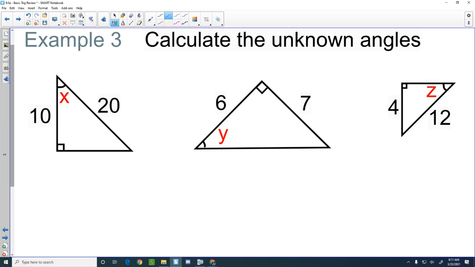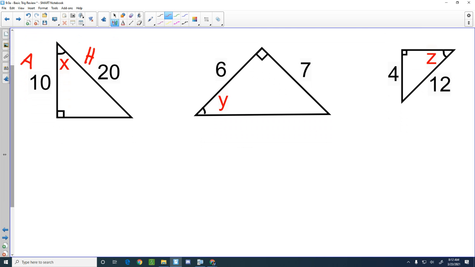Sine, cosine, or tangent? How do we know cosine? Good. So the 10 is adjacent to the x because it's right next to angle x, the angle that we're looking for. The 20 is the hypotenuse because it's across from the right angle. It's the longest side on the triangle. So we're going to use cosine.